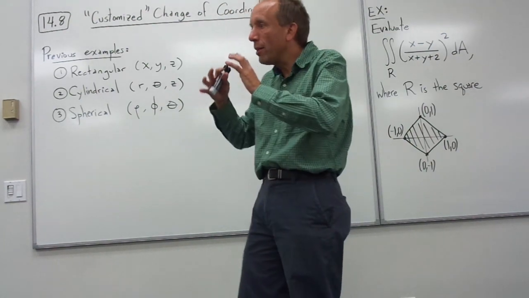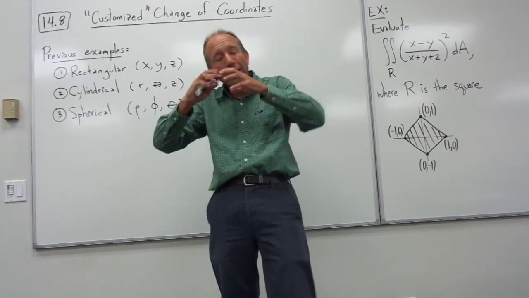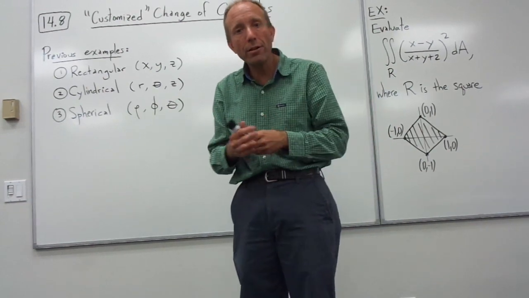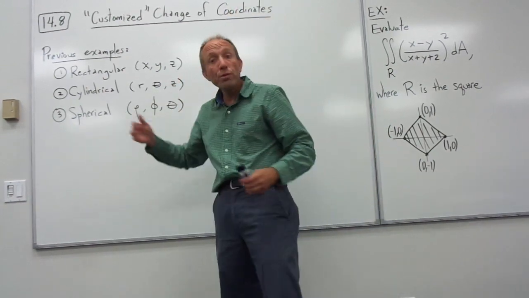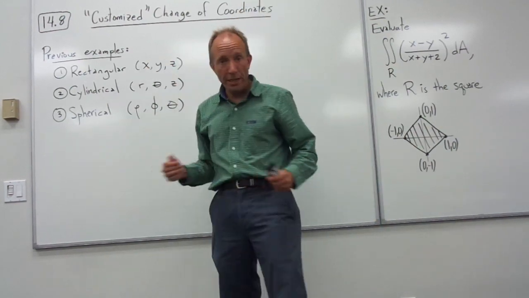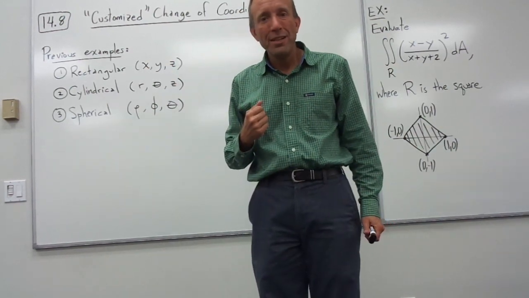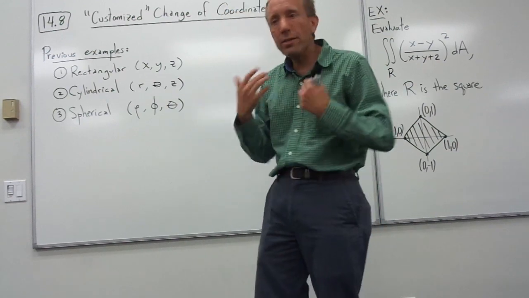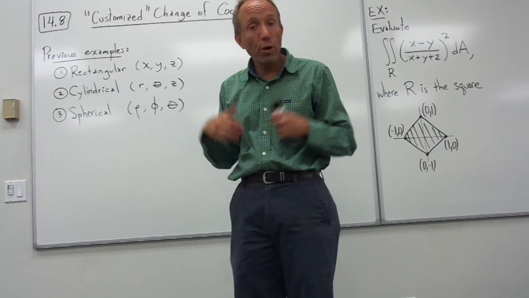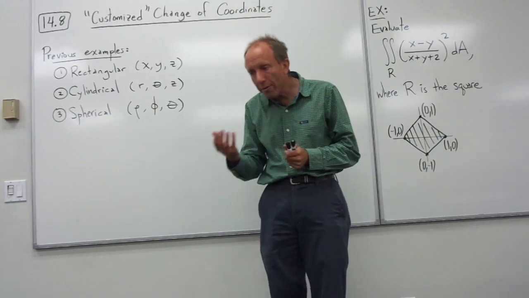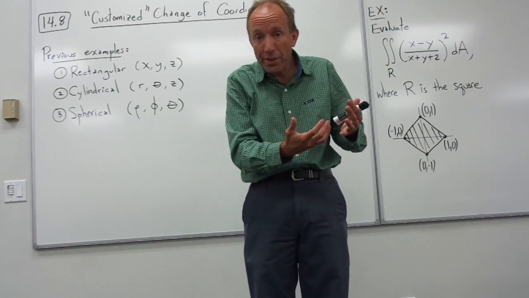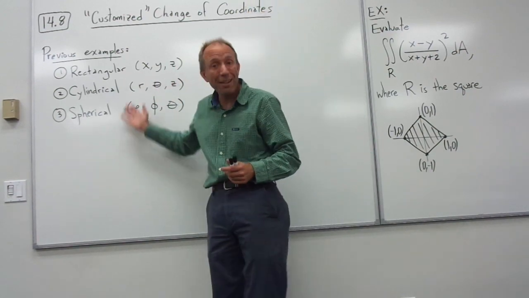Sometimes, depending on the function that we're integrating and the shape of the region or solid over which we're integrating, cylindrical or spherical coordinates can be quite easy compared to rectangular coordinates. So we have this nice set of alternative coordinate systems. However, this idea doesn't have to stop here.